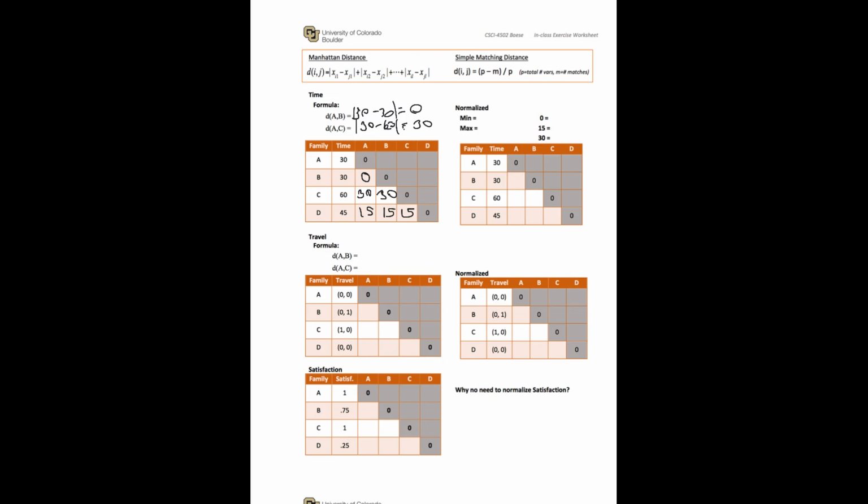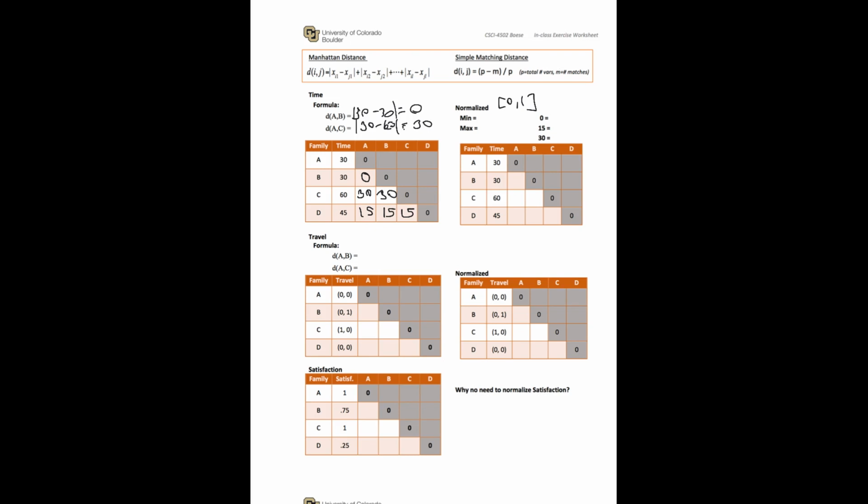We want to end up normalizing this so that when we compare time to something like their travel or satisfaction, everything is an equally weighted value. And so what we're doing for normalization then, we're going to go between 0 and 1. And so we're going to look at the minimum value from our table.